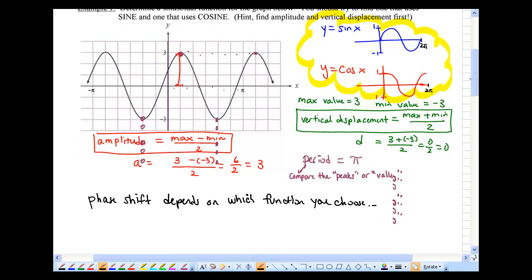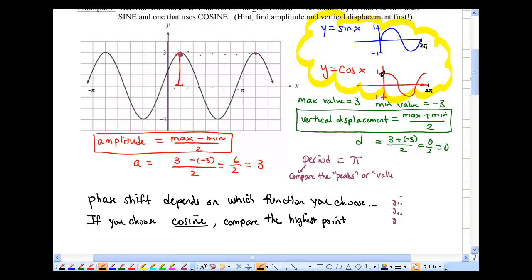So I'm going to break this up. Okay, if you choose cosine, okay, you want to compare the highest point. Okay, because cosine starts in the highest point.